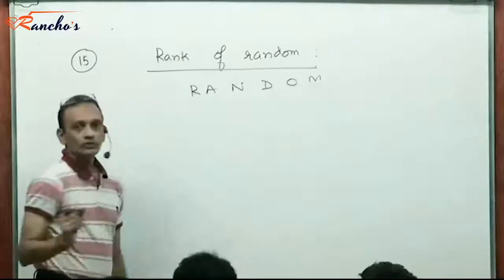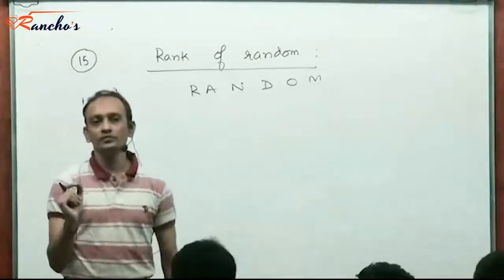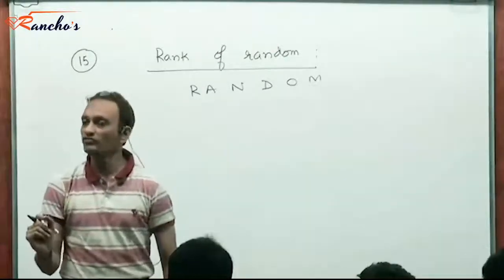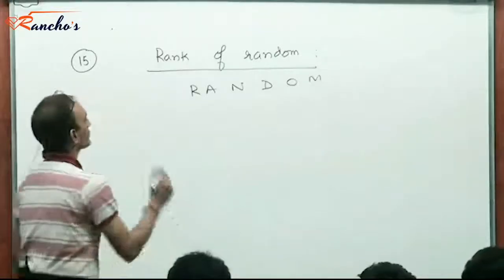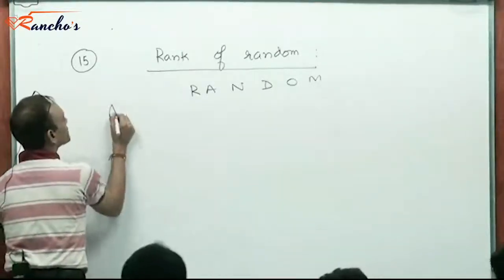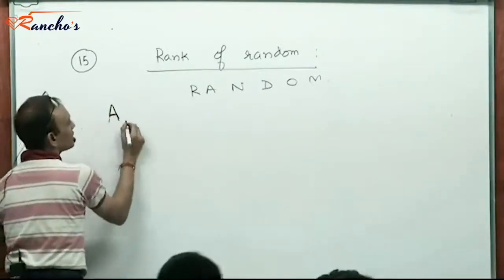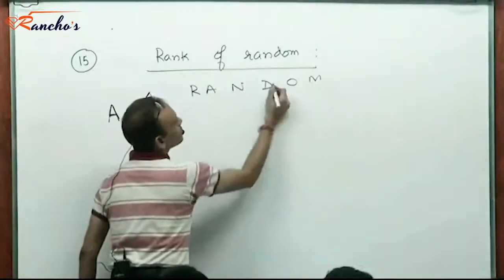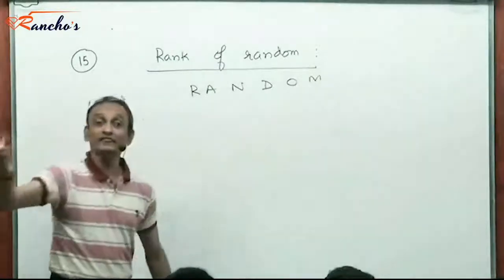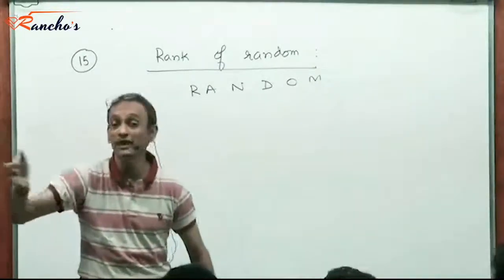Now, the dictionary would start with all words starting with A. So, all words that start with A, that means, see, these are 1, 2, 3, 4, 5, 6. The remaining 5 would have to be permuted in the remaining 5 spaces.